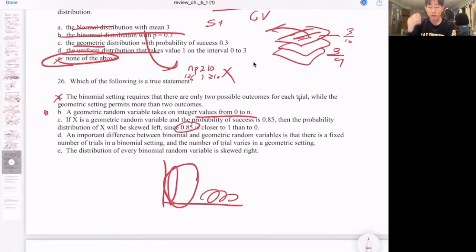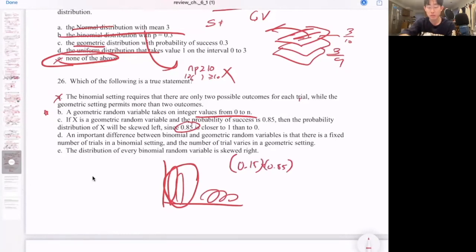Your chance of doing it on the first time around is 85%. Your chance of doing it on the second time around is going to be less, because you keep on having to multiply 0.15 times 0.85. That's the chance of you getting it on the second time around, I believe.